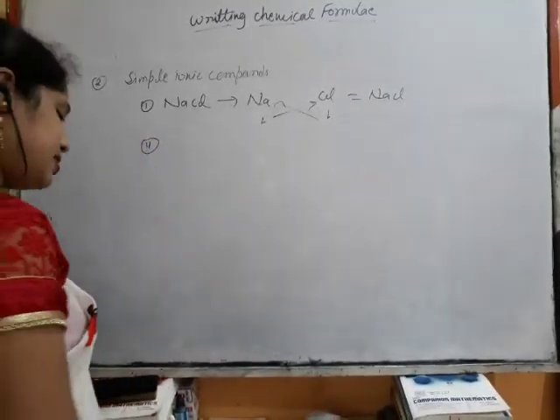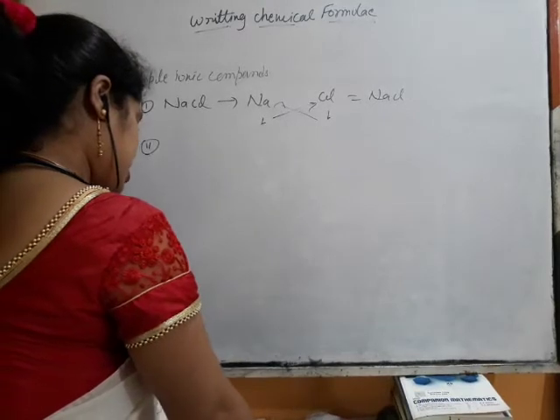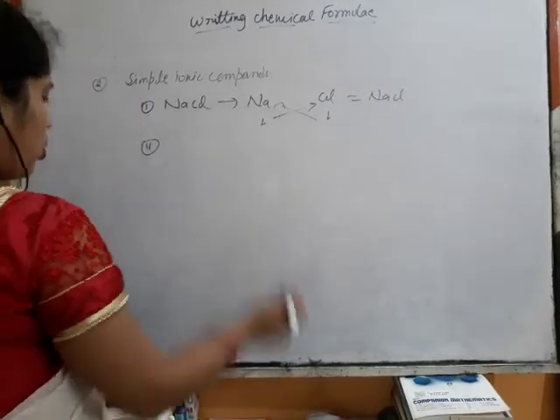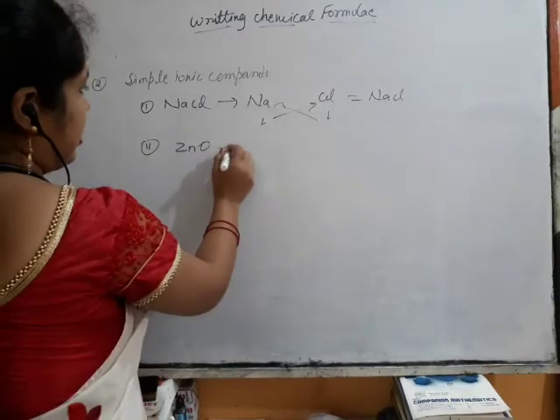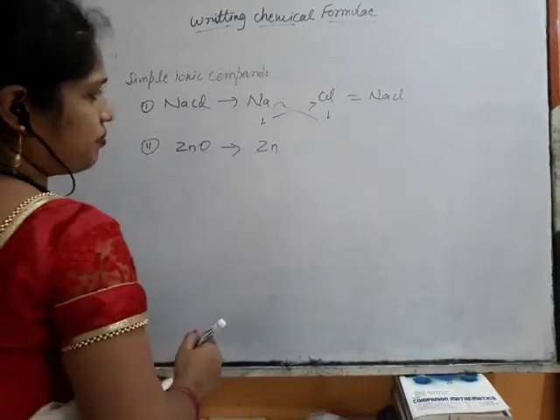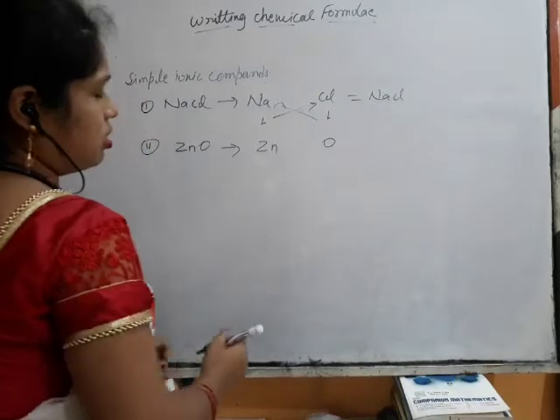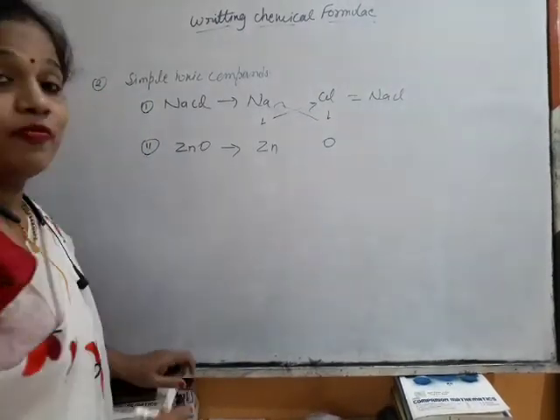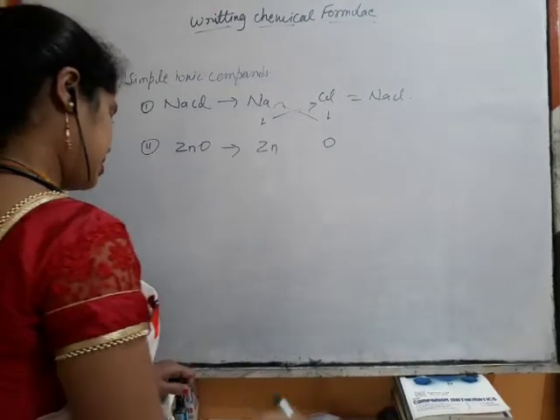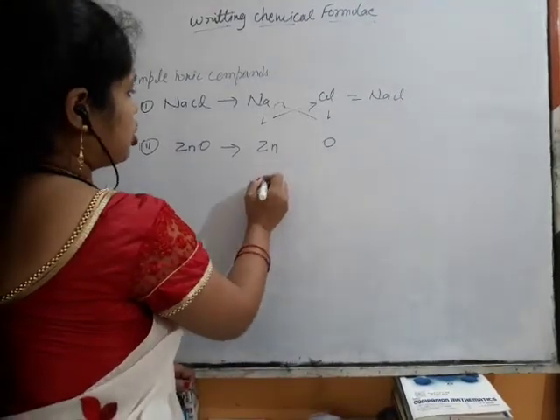Then the next is ZnO, zinc oxide. This is zinc and this is oxygen. The valency of zinc is 2.